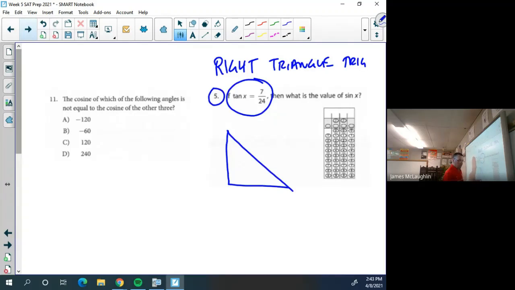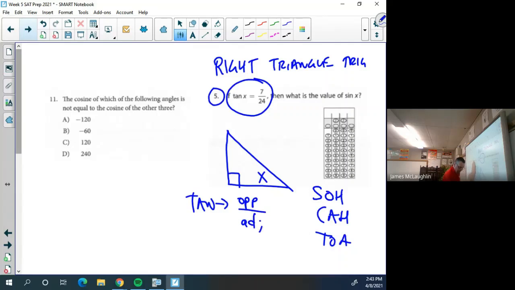I draw a right triangle. I call an angle X, and again, I invoke my SOHCAHTOA. The tangent function is always going to tie in the opposite side divided by the adjacent side. So of course, over here would be opposite, here would be hypotenuse, and then down over here would be adjacent.